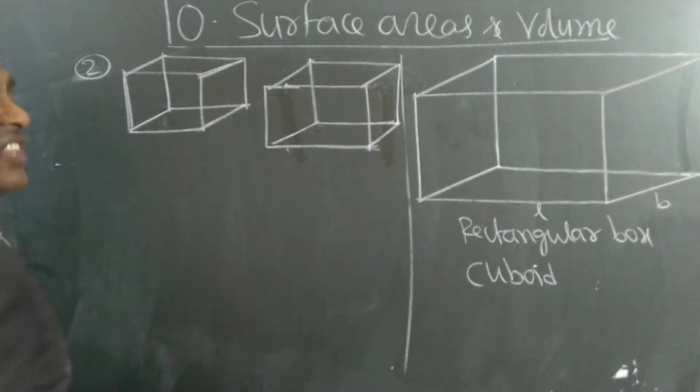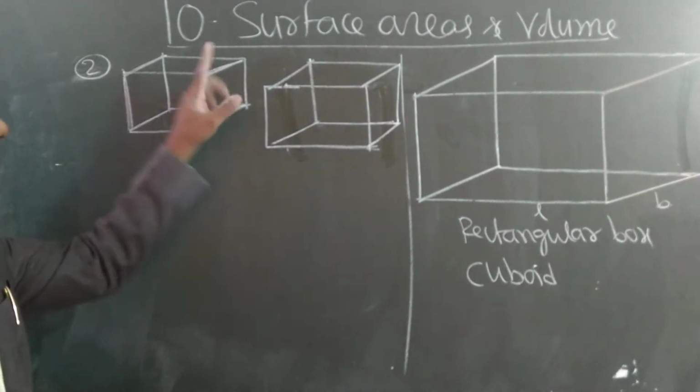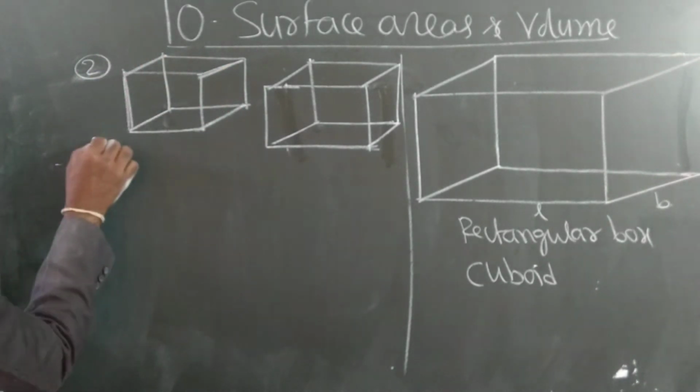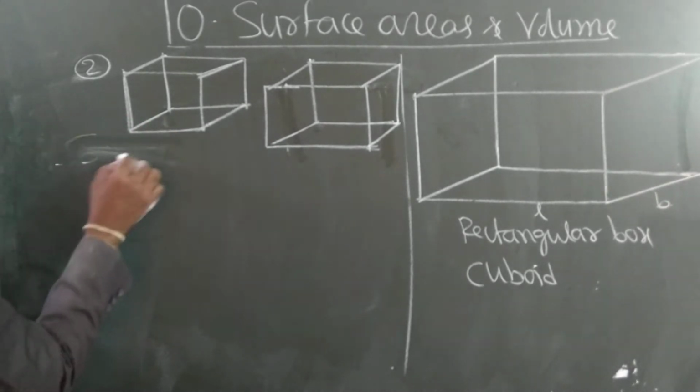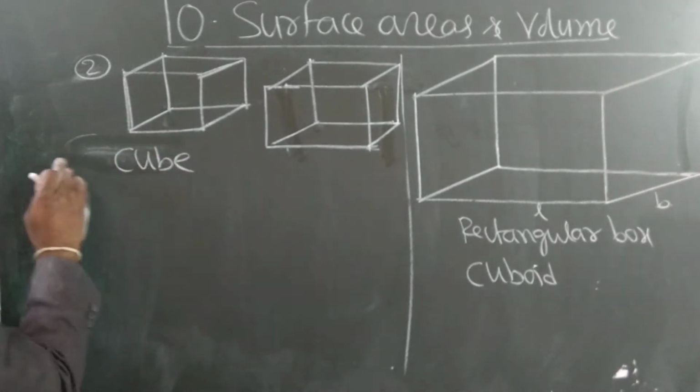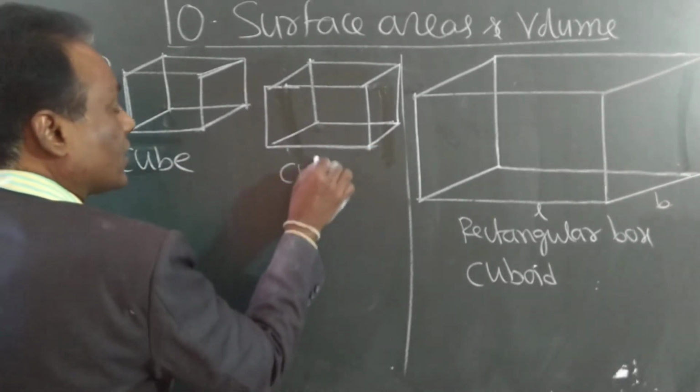The difference between these two is that all sides are equal. It is a square box. The square box is called a cube. The rectangular type box is called a cuboid.